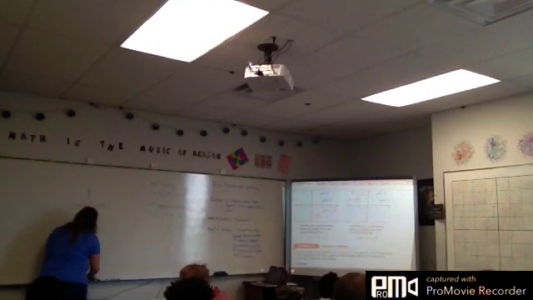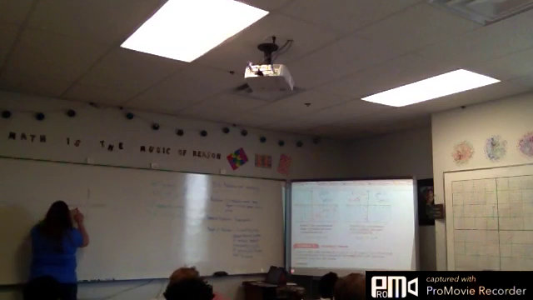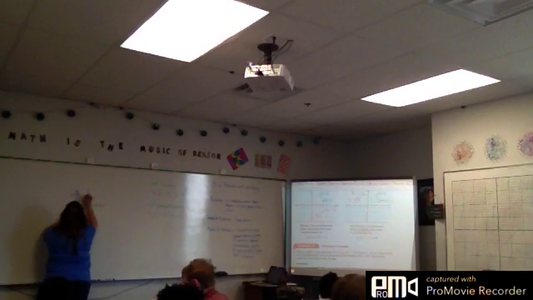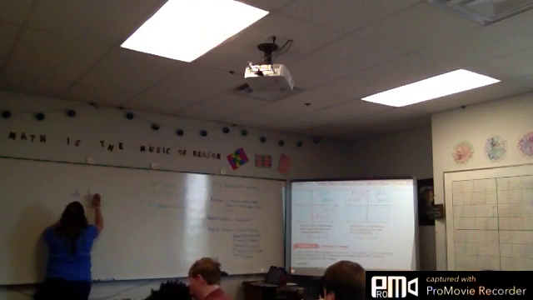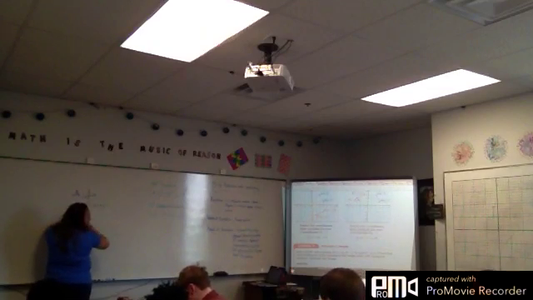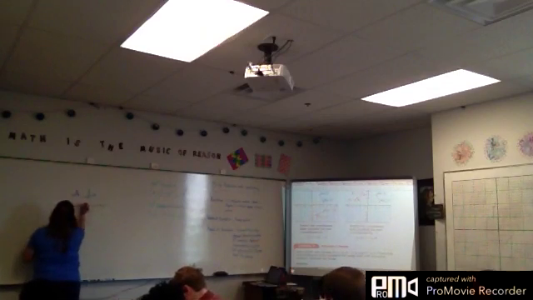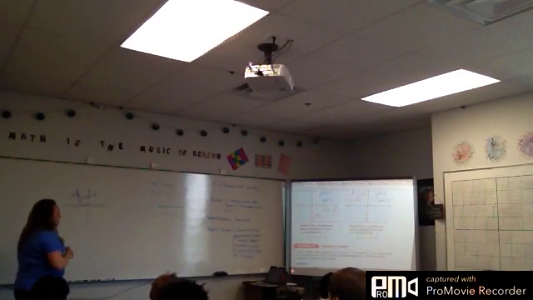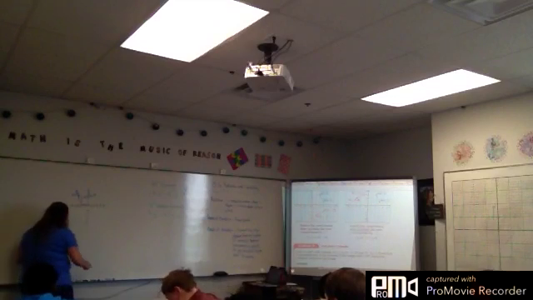For B, it wants -2, 3. And for C, it wants -2, 1. And it wants me to find the coordinates of the vertices of the image after a 90-degree clockwise rotation, then draw the image.